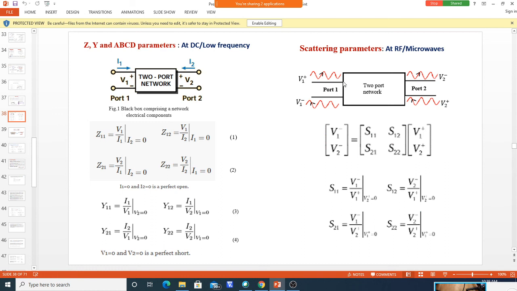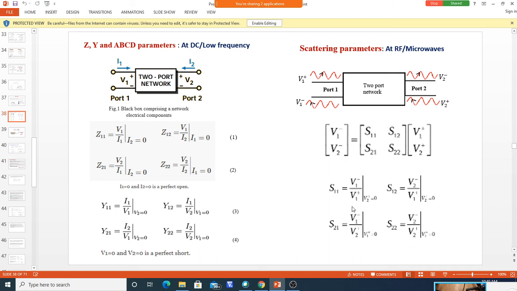This is the S matrix. The suffix represents the port number, and the negative sign indicates the outgoing wave. So V1 minus is the outgoing wave at port 1, V1 plus is the incident wave at port 1, V2 minus is the outgoing wave at port 2, and V2 plus is the incident wave at port 2.